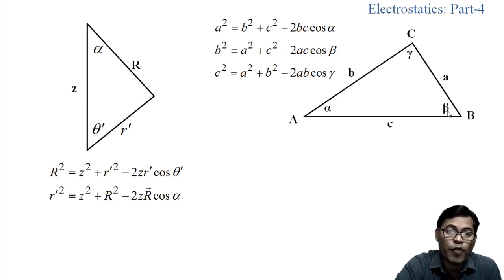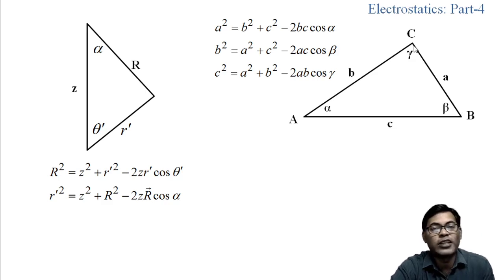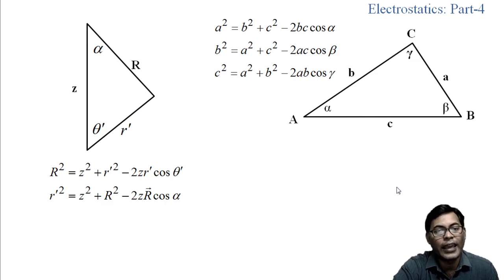Now if we want to find this length a, then using the cosine rule, a square equals b square plus c square minus 2bc cos alpha. Again, if we want to find b, and a, c and beta are given, we can find b.